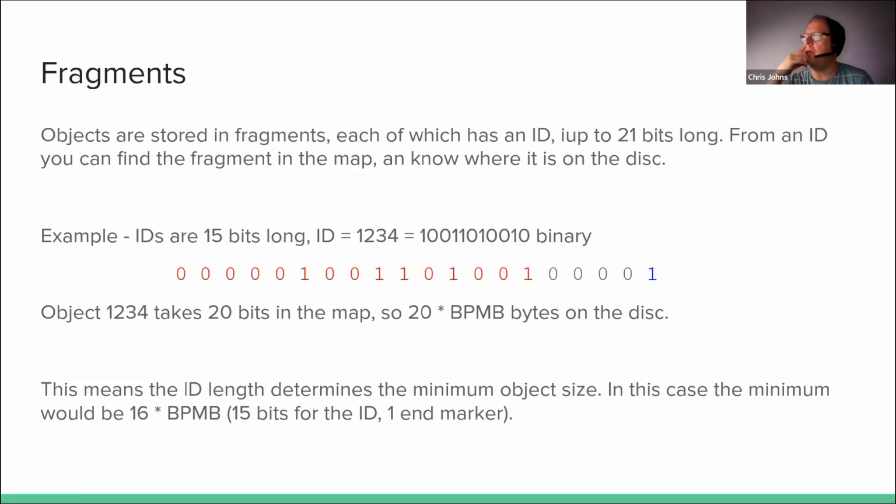So if you've got 15-bit IDs, you need 16 bits for your minimum size. That's 16 times the LFAU, because you always need to have room for the label. You can't refer to something that's smaller than your label, because you had to write the label. So there's a restriction there on the minimum size of thing you can actually have in the map.